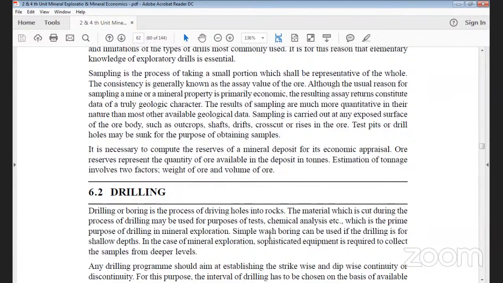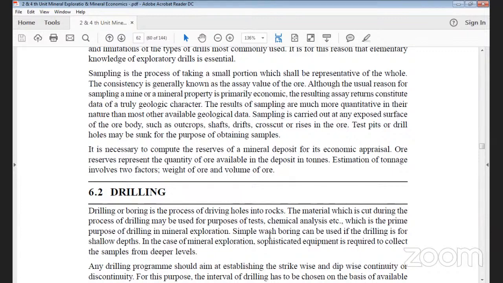The sampling is carried out at any exposed surface of the ore body, such as outcrops, shafts, drifts, crosscuts, or raises in the ore. Test pits or drill holes may be sunk for the purpose of obtaining the sample. And then we need to compute the reserve of ore material to extract the mineral deposits, whether it is economically useful or not.